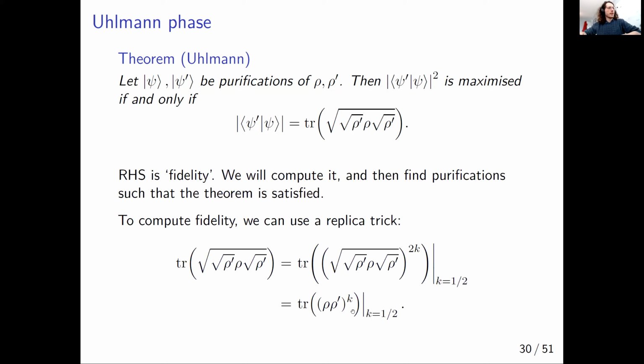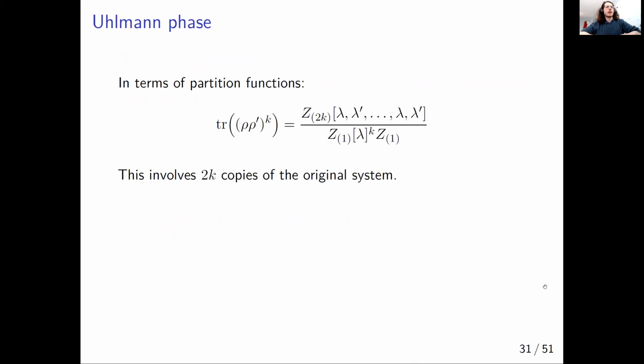Then we can compute this using partition functions and effective gravitational actions, and then analytically continue back to k equals half. So in terms of partition functions, we can write this correlator in this way. There are now 2k copies of the original system, and the boundary conditions alternate between lambda and lambda prime, which are the boundary conditions coming from rho and rho prime.